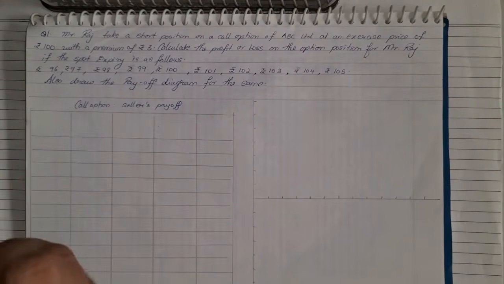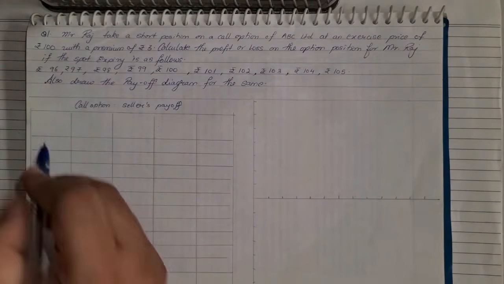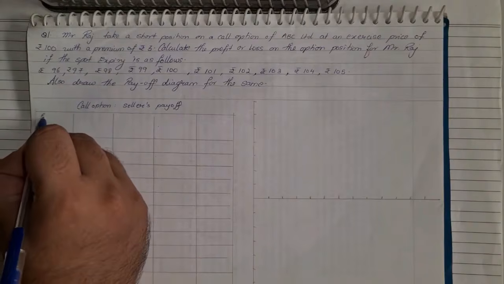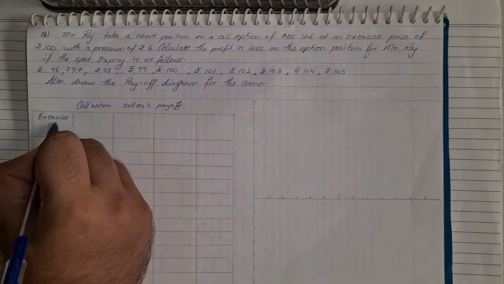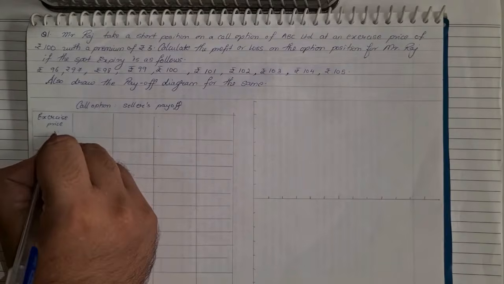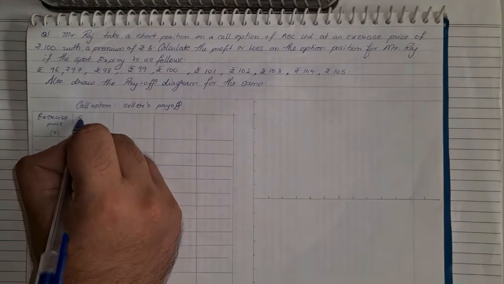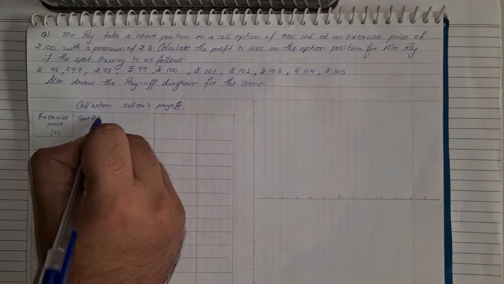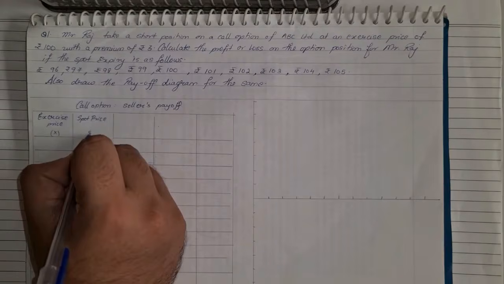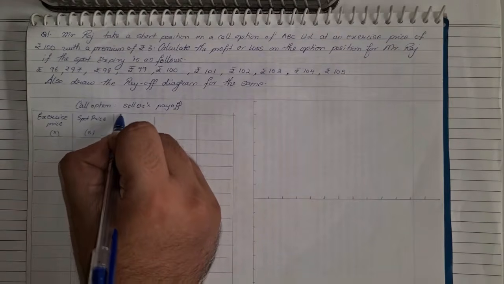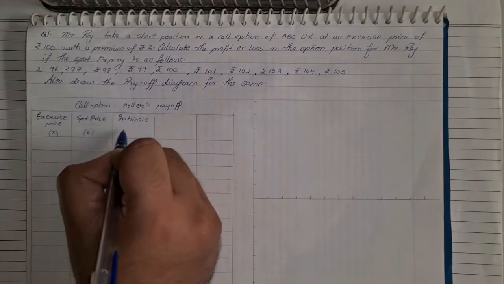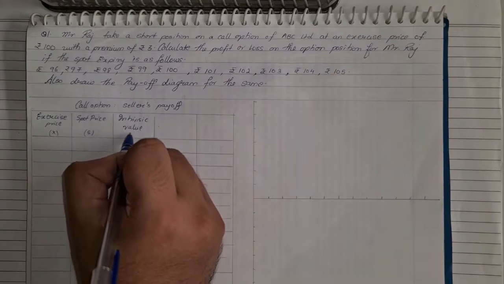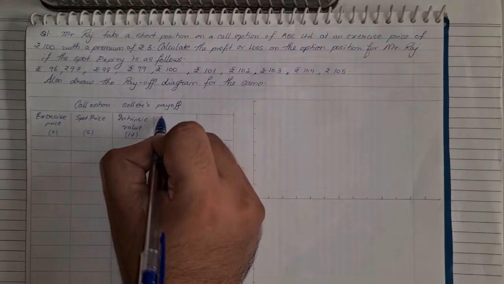Now the table will again consist of 5 columns having the headings exercise price, which we'll call X, spot price, which we'll name S, and intrinsic value, which we'll call IV.